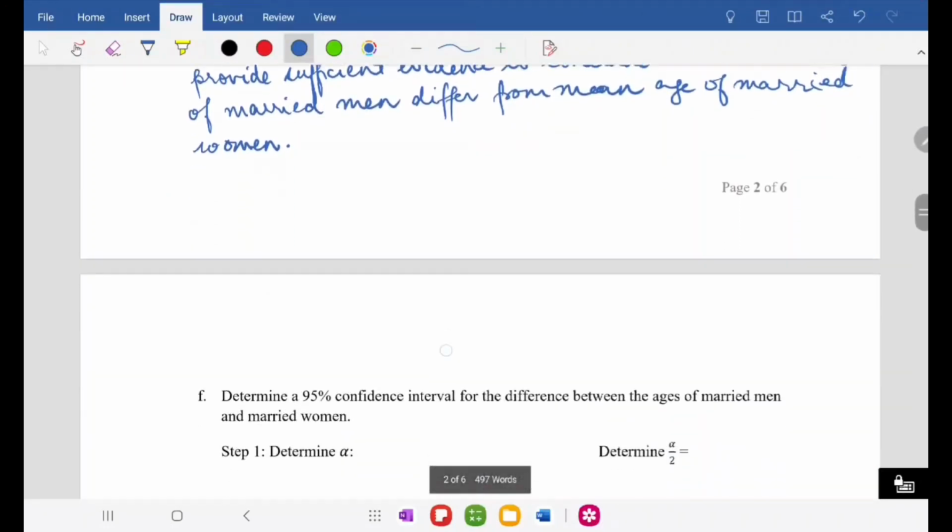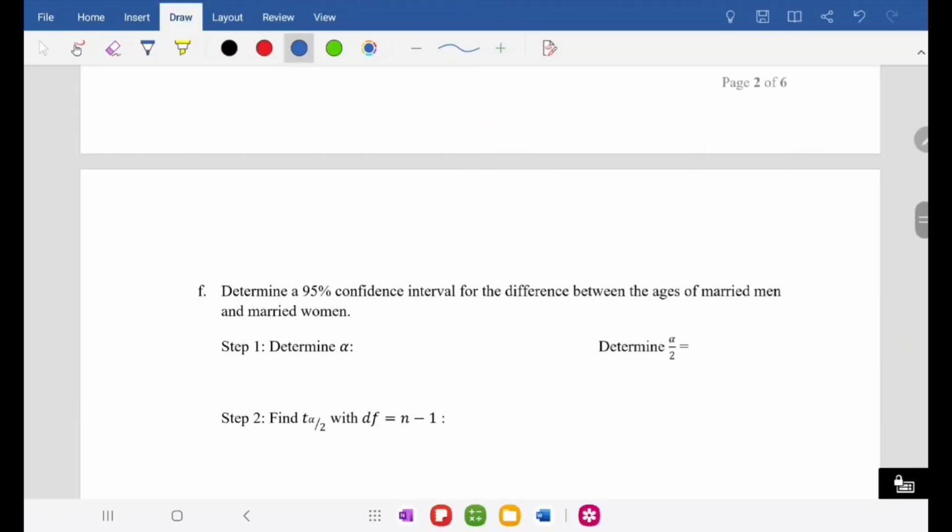There'll always be a second part to this, which is to find the confidence interval. So if they're asking us to find the 95% confidence interval, that confidence interval will contain the difference between the ages of married men and married women on a population-wide basis. So the difference in the mean ages of married men and married women for all U.S. adults, not for the sample, for all U.S. adults.